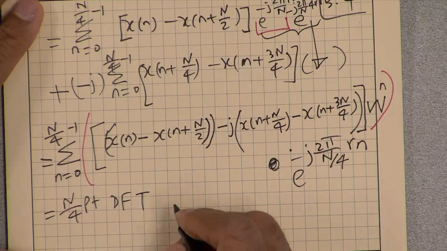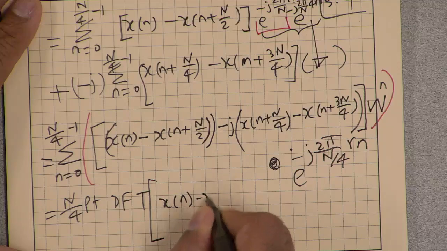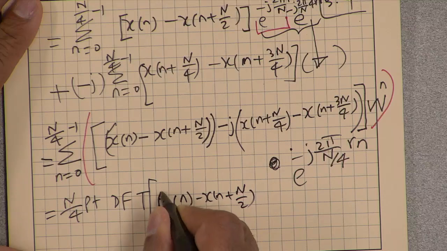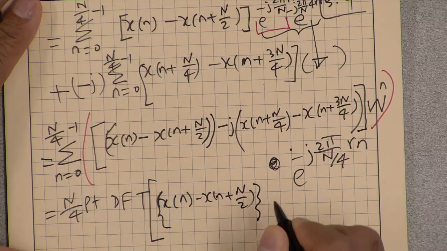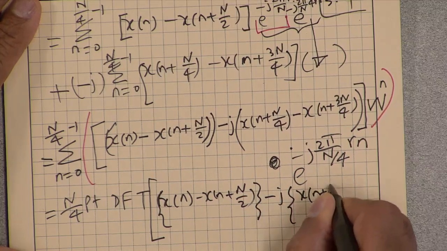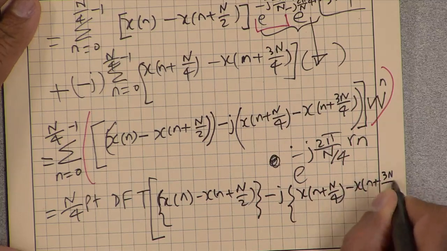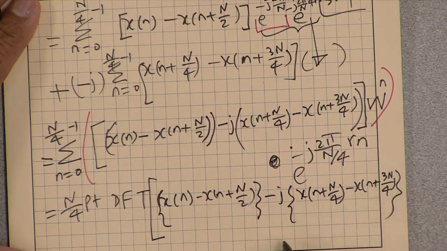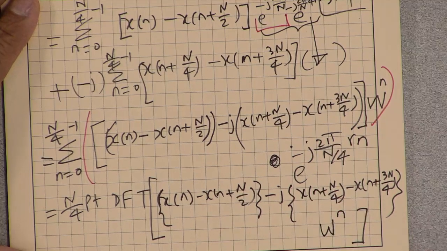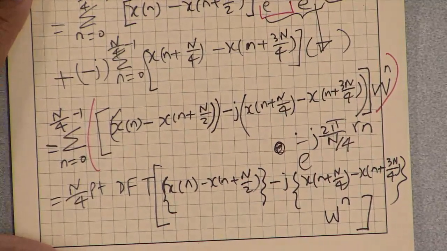So the n by 4 point DFT of xn minus xn plus n by 2, minus j times xn plus n by 4 minus xn plus 3n by 4, times w to the power n. That is the n by 4 point DFT of that whole thing.